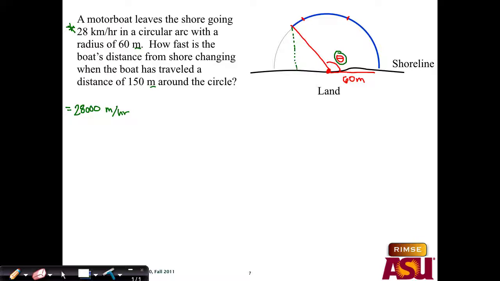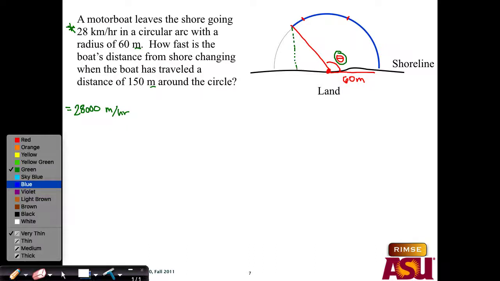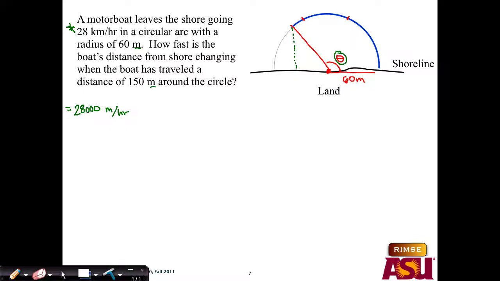How can I express this blue curve? Let me call it A for arc length. How could I express the length of this blue curve in terms of theta? Well, this is our arc length here, however big theta is if I measure it in radians.